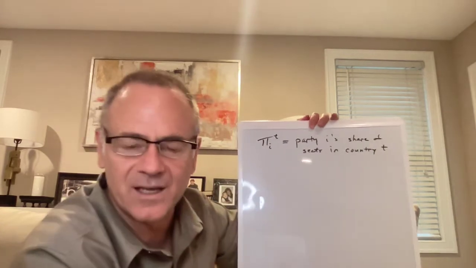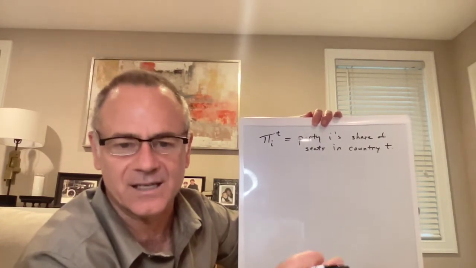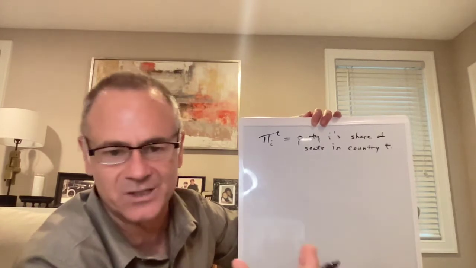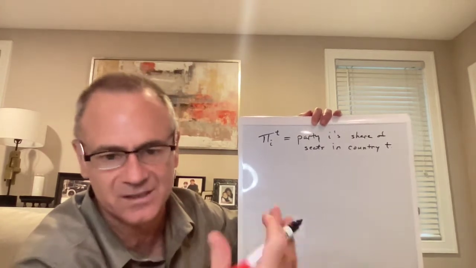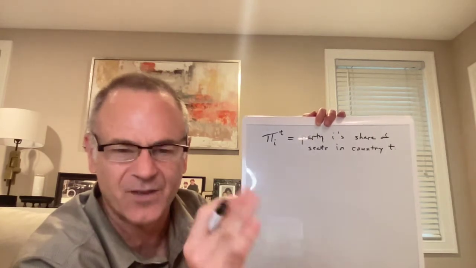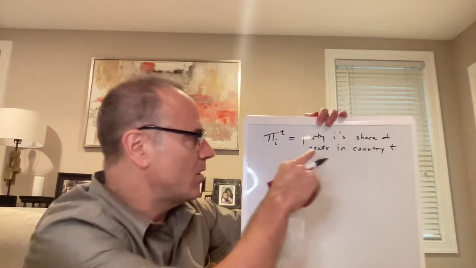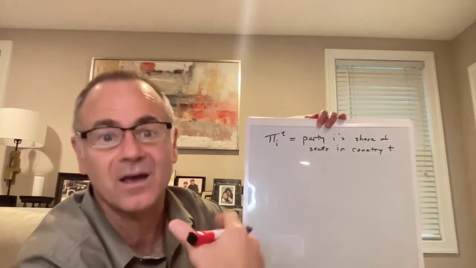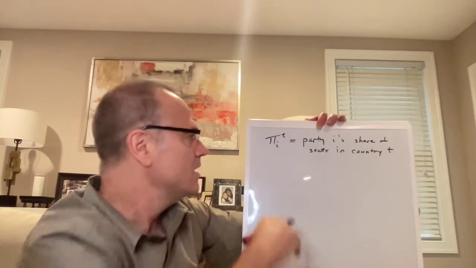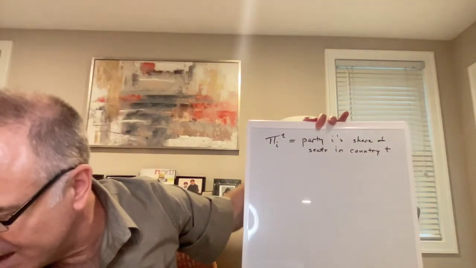I'm going to pretend this is just a cross section of data. I think their actual data set is a time series. They have several countries and several years, but it's a little simpler to discuss if I just pretend it's a cross section, so it's only 1 year. So what I'm going to call observation t will be country t. Okay, so the key is pi_i, party i's share.